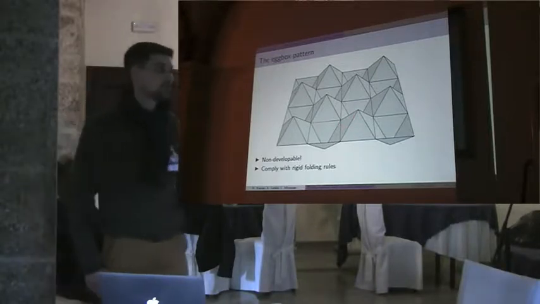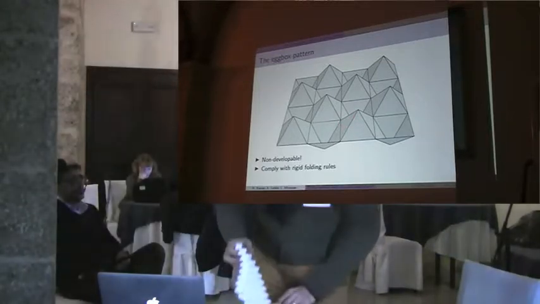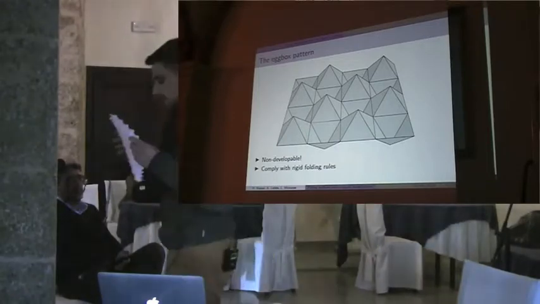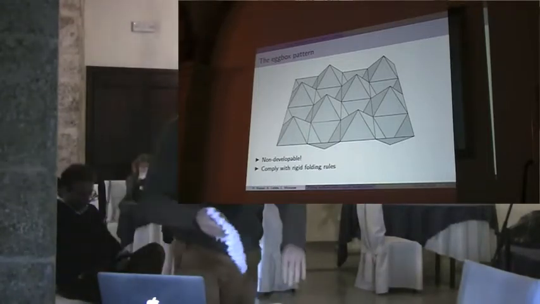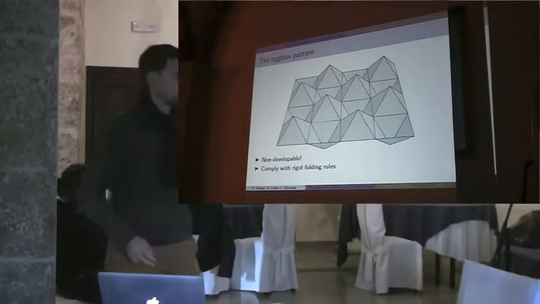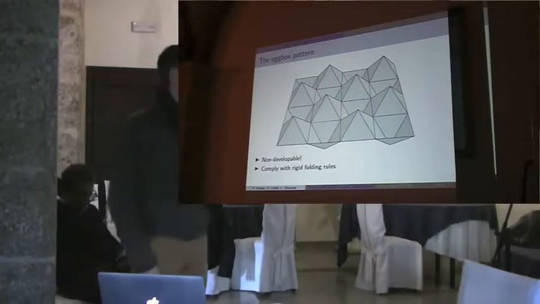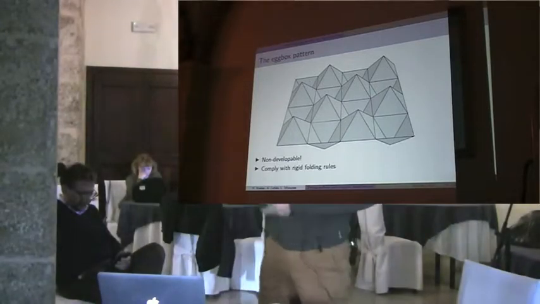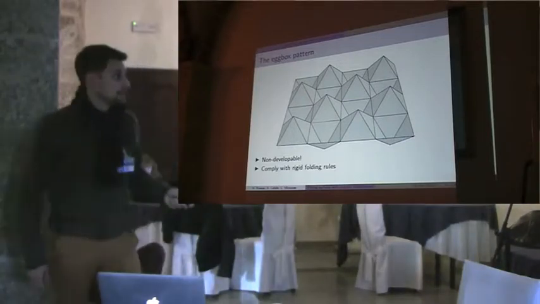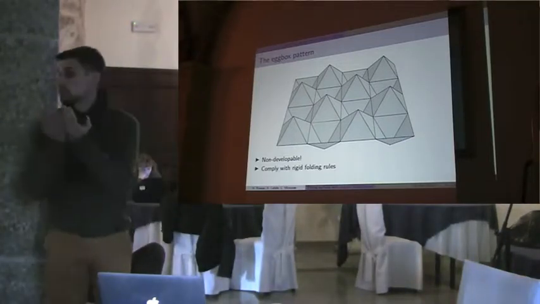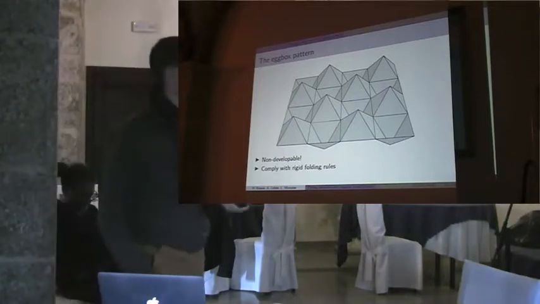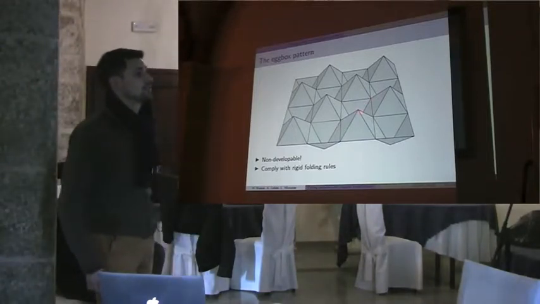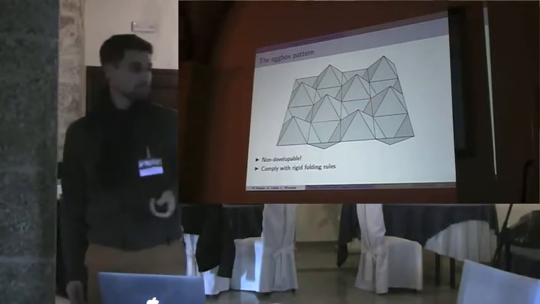If you force them to remain flat, there is only one degree of freedom of motion. So I need to allow these parallelograms not to remain flat; they will fold. Okay, it is not developable, it is not an origami, but it still complies with rigid folding rules. I mean, each vertex is a spherical joint.